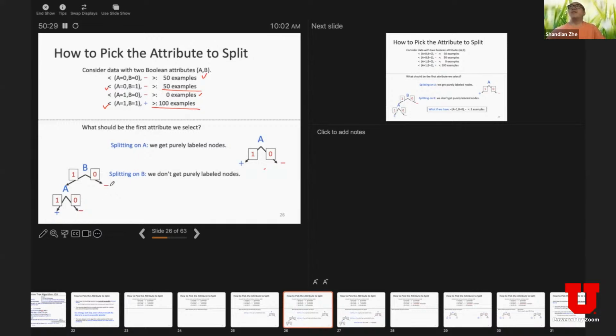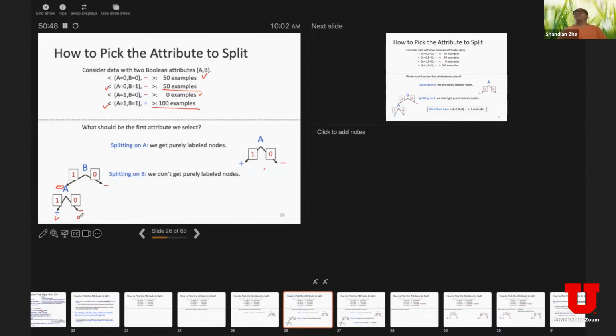But the subset where B is 1 is highly mixed, so I have to use A to split again to ensure the further partitions are uniquely labeled subsets.